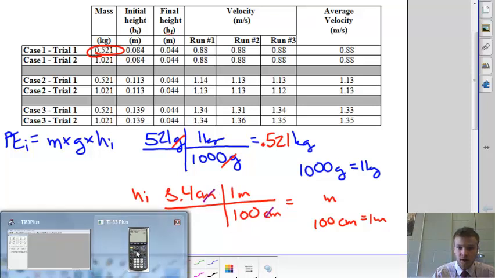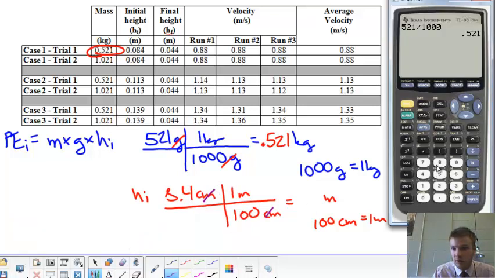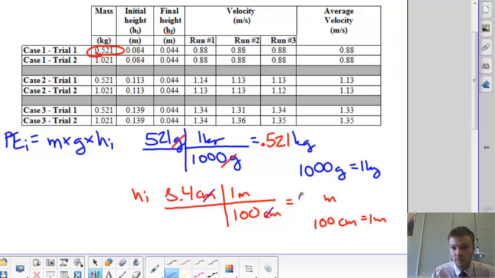I can move the decimal, or I can use the calculator: 8.4 divided by 100, enter, gives me 0.084. And that's H initial. So now you can see how to convert centimeters to meters and grams to kilograms. That's what you're going to be doing.